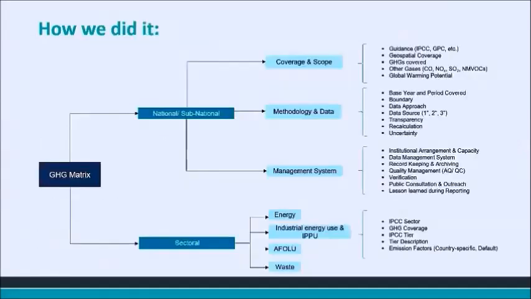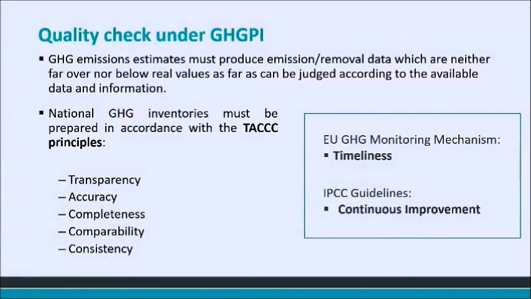Next slide, please. Understanding the importance of consistency in reporting, we devised a guidance document and a reporting template by creating a GHG matrix, which is further divided into two parts: national and subnational, as well as sectoral. We identified the components for each part and came up with the guidance, and these are reduced as far as practicable.